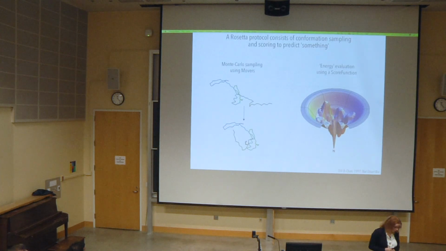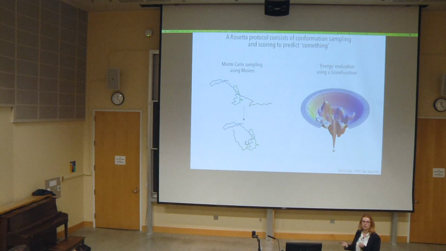If you want to know very basically how Rosetta works, we're not doing molecular dynamics simulations. This is a Monte Carlo-based approach. So we basically take a protein structure and make random moves in the structure to perturb the structure, and we do this in a Monte Carlo sampling approach.